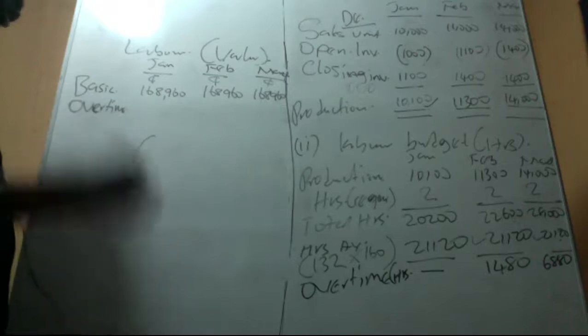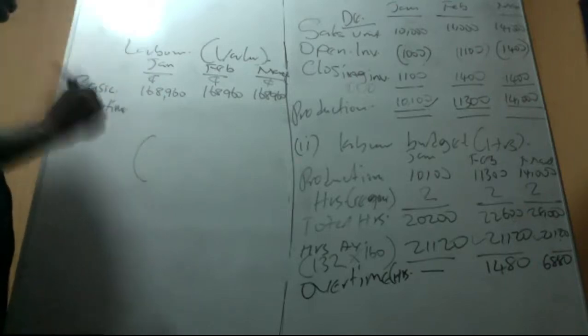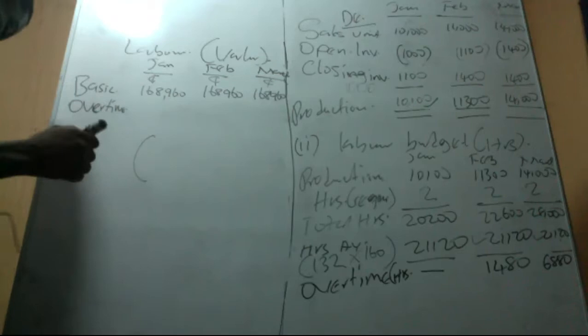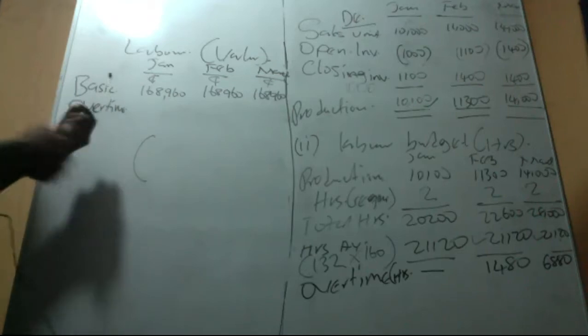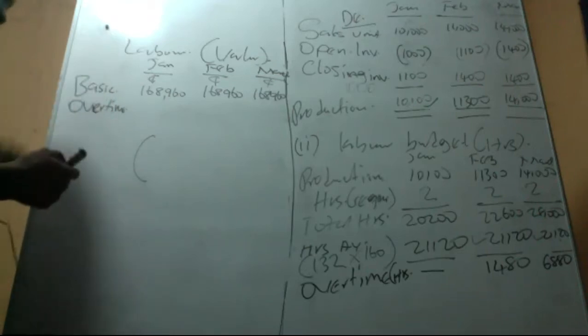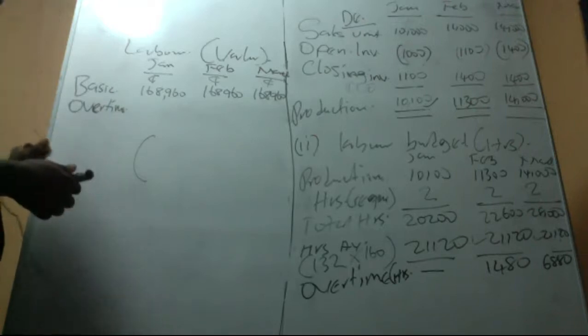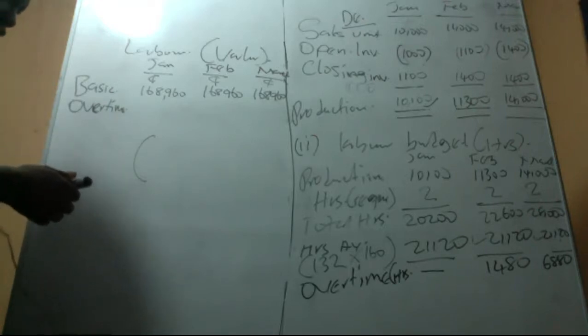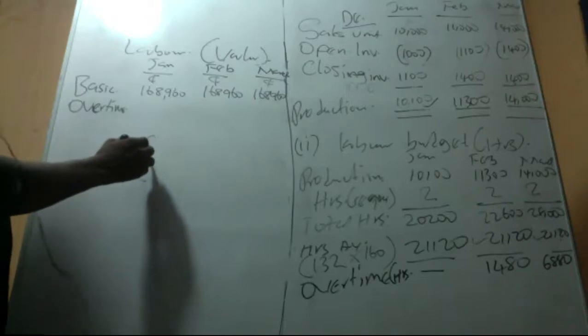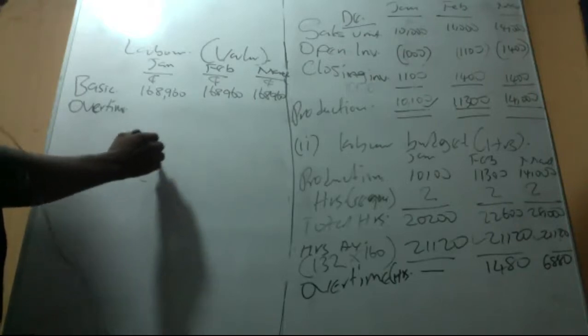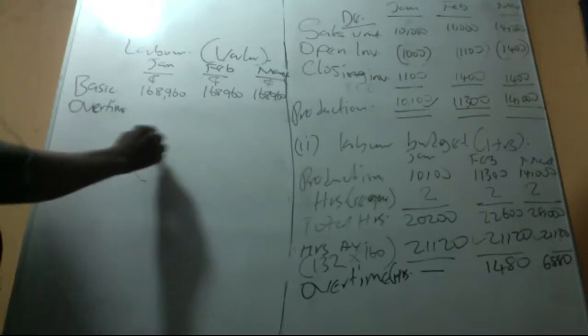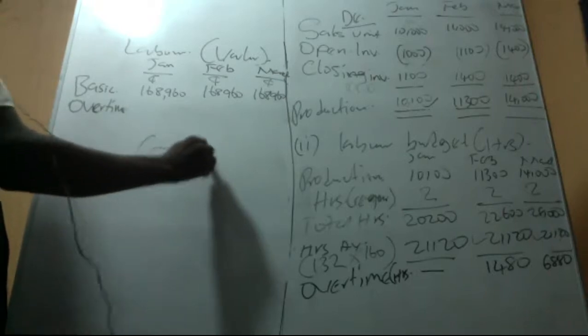There are so many ways of calculating it. If they don't give it to you in a question, it will tell you how you should calculate it. Normally some organizations pay overtime at the rate of the basic plus overtime premium.